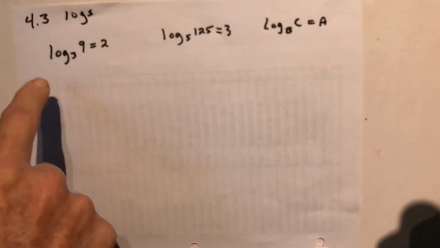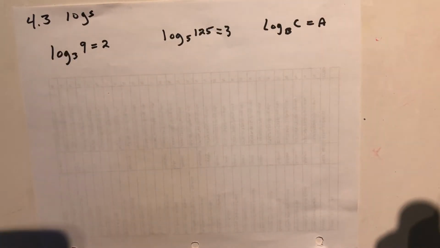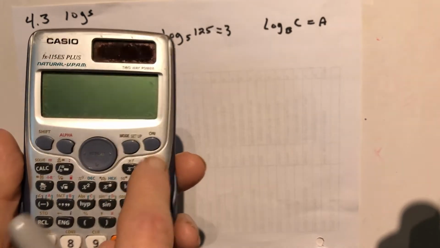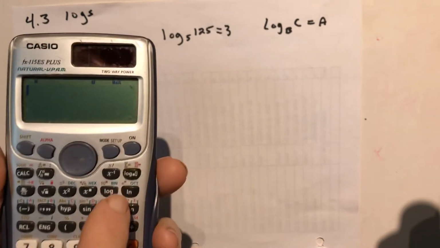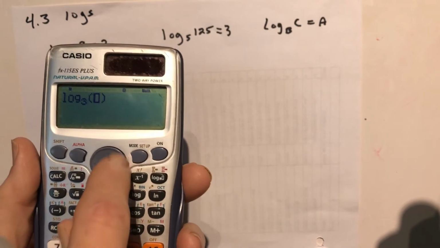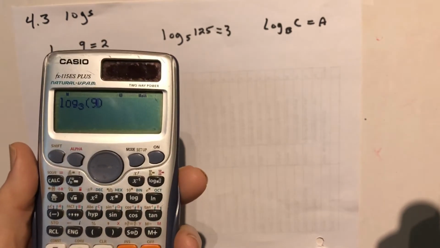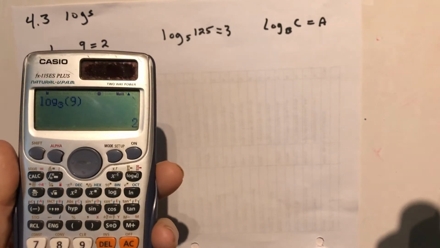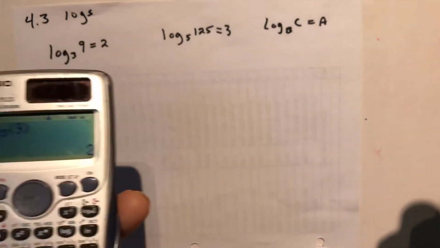So let's do log base 3 of 9 and see if you get a 2. Turn it on. Log, put a 3, then hit the arrow and put a 9, and you should get 2. And you do. Now try doing the next problem.